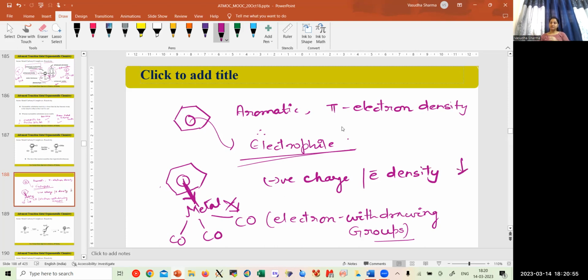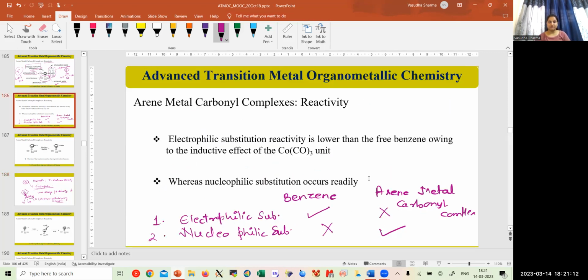And because of the reduction in the electron density around that ring, now it is more prone towards the nucleophilic attack rather than attack by an electrophile, because now it is getting more positive and a nucleophile with a negative charge can come and attack on it. So this is how we can have a comparison between the arenes. That is why it is said that electrophilic substitution reactivity is lower than the free benzene owing to the inductive effect of the Cr(CO)3. Inductive effect is nothing but that charge separation thing.